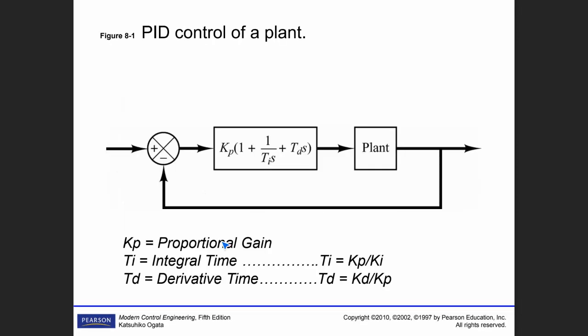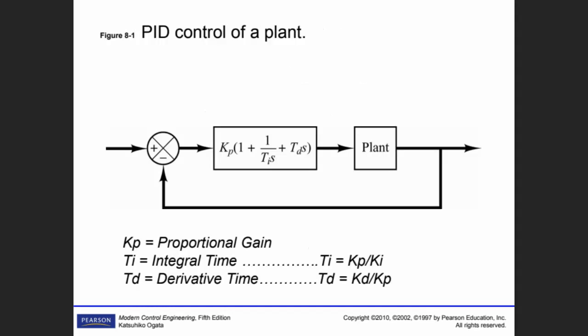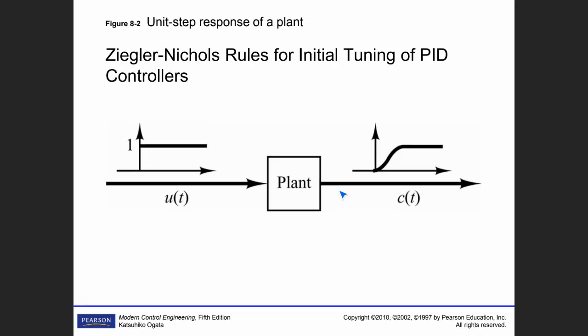Now, for design of a PID system, of course, we all know that we are adding two zeros and one pole. But those values, Ki, Kp, Kd, are important to define, and it's difficult to define those. Ziegler and Nichols is giving us a hint.